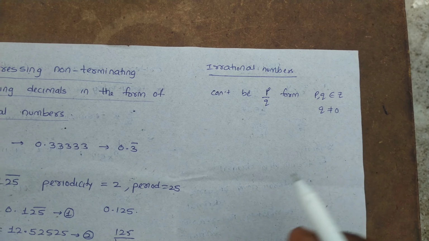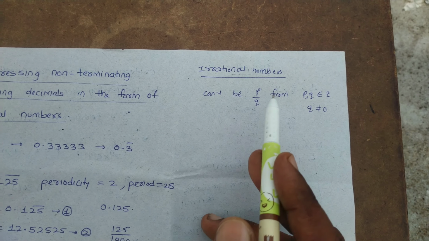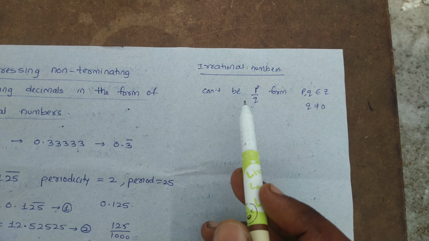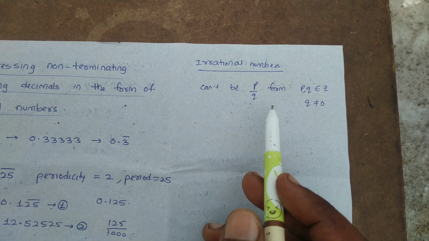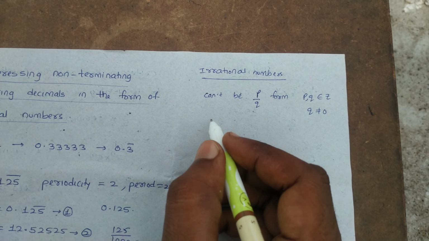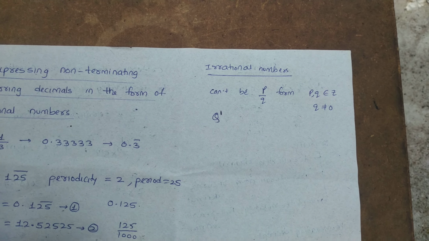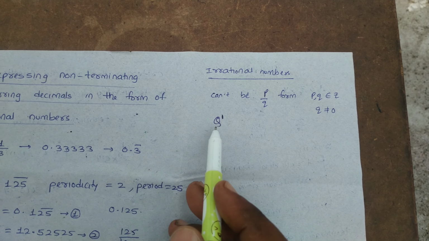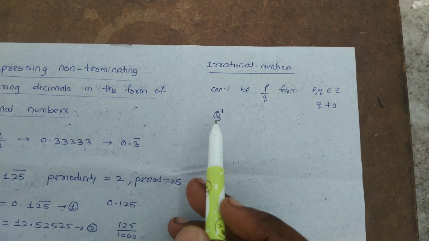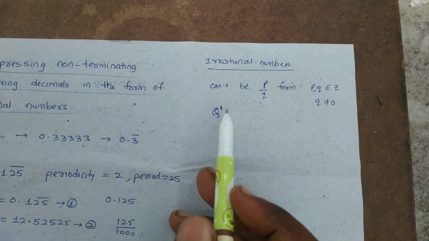Same conditions as a rational number, but an irrational number should not be in the form of p by q. These irrational numbers are generally denoted by Q dash or Q bar, since we have denoted rational numbers as Q.